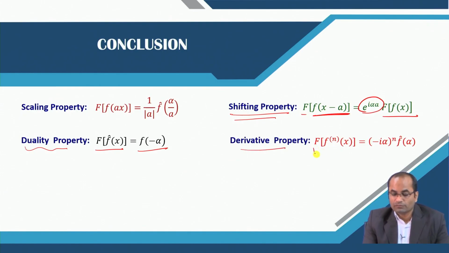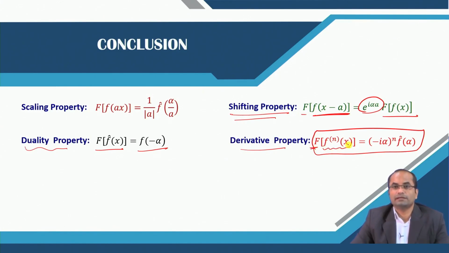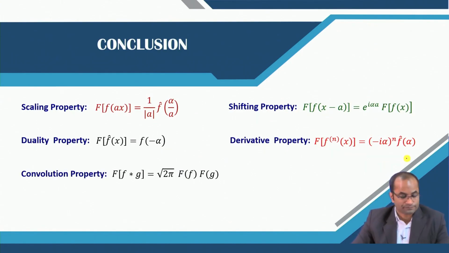The derivative property is the most important from the application point of view, for solving partial or ordinary differential equations: the Fourier transform of the nth order derivative of the function is equal to (minus i alpha)^n times f hat(alpha). Remember the most important condition used to get this property was that f goes to 0 as x goes to plus or minus infinity.